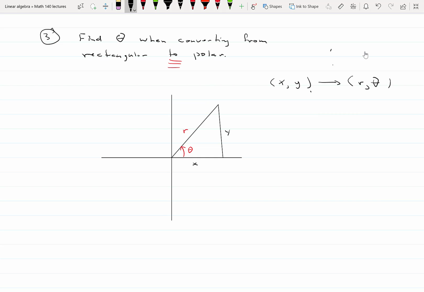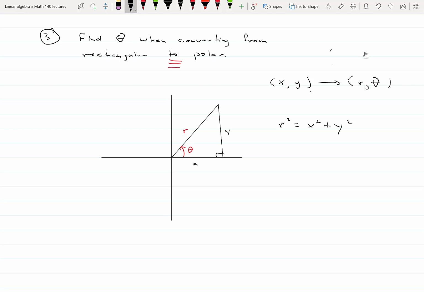What's the relationship between r and x and y? r, x and y is just the Pythagorean theorem. r squared equals x squared plus y squared. I don't get an equation that says r equals; I just have an equation that says r squared equals.